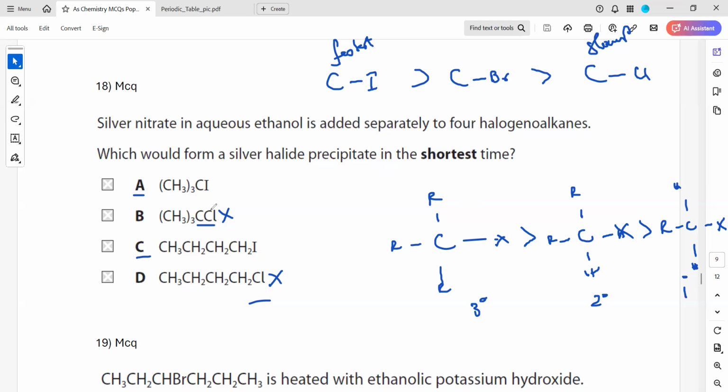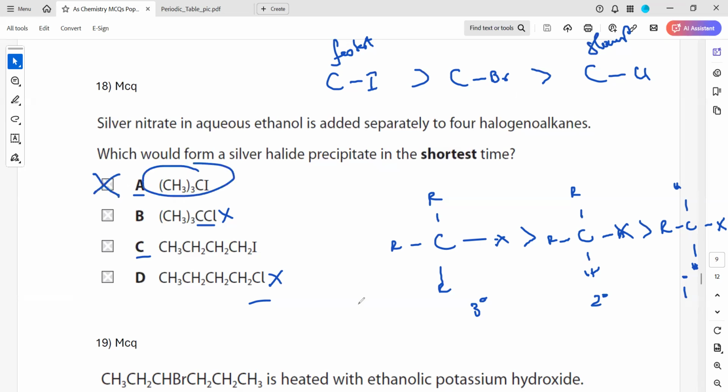So first we select which, carbon chlorine or carbon iodine. It should be carbon iodine. And then we check which is the primary, the secondary or the tertiary. Which is the secondary here, which is the tertiary here? You can see the first one is a tertiary halogenoalkane.